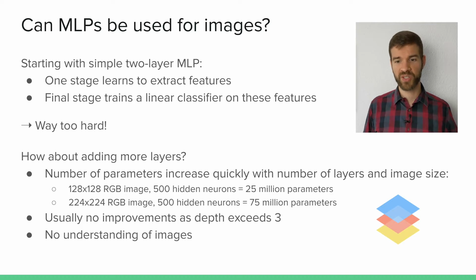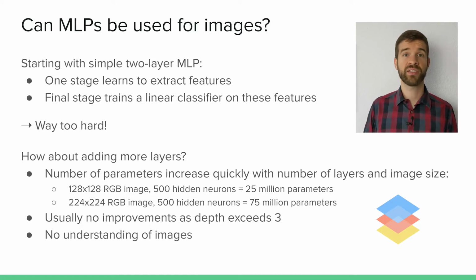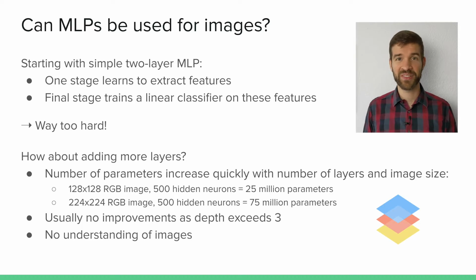If we have just a small 128 by 128 RGB image, which has 3 layers for red, green, and blue, and just 500 hidden neurons, all connected to each other, we already have 25 million parameters.